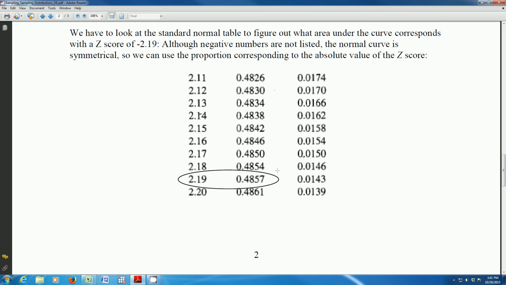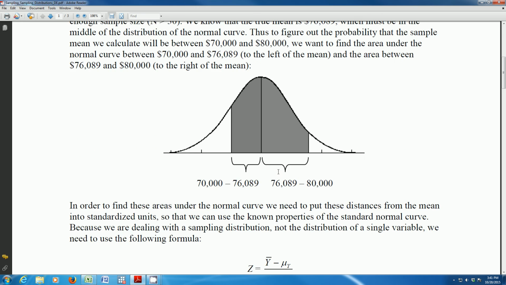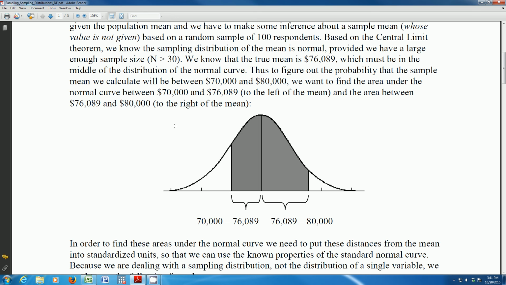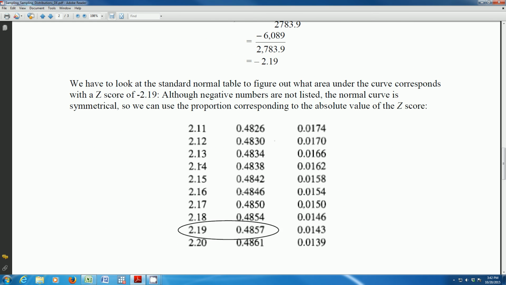But we have to figure out which column we should look at. Do we want the area between the mean and the z-score, or the area beyond the z-score? If we're looking for this area, we want the area between the mean and the z-score, which is column B in the table. We don't want the area beyond the z-score, which would be column C. So we look at column B for 2.19.